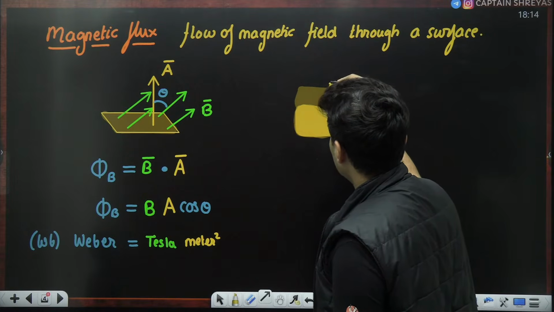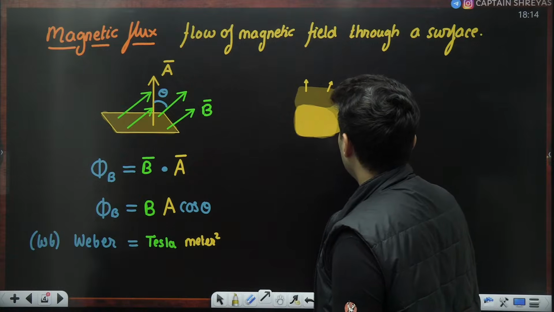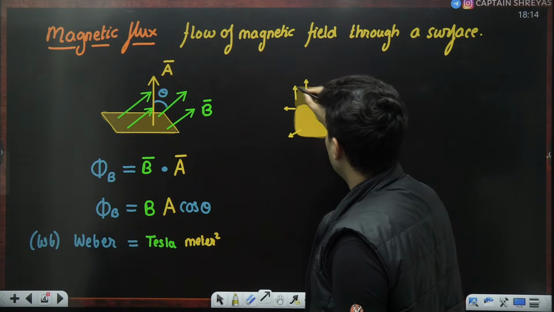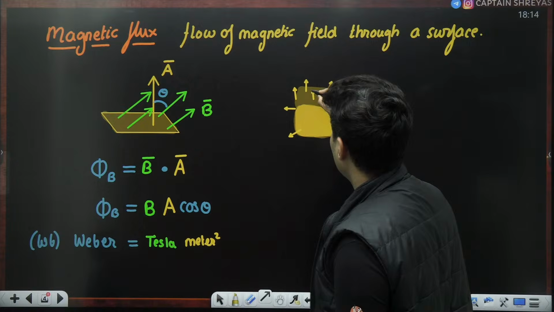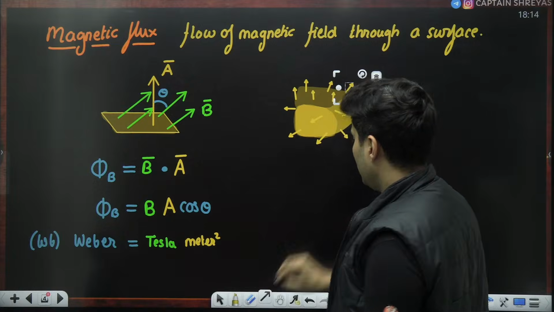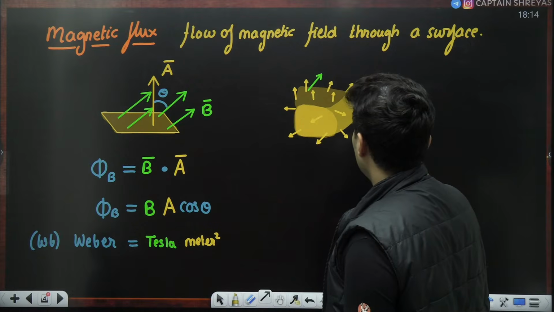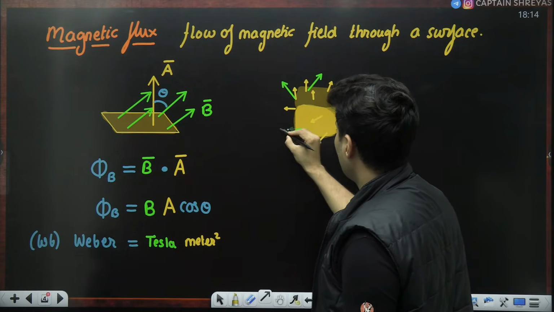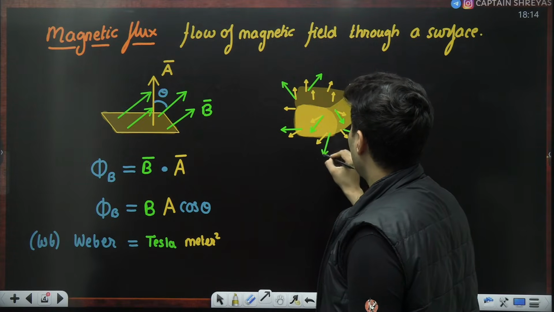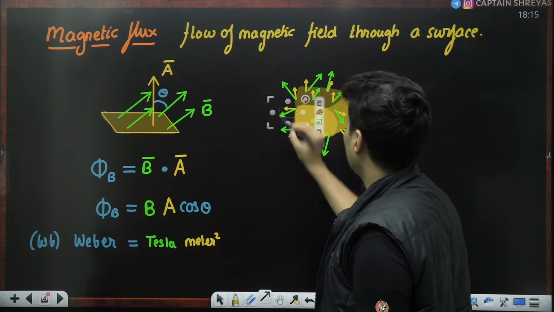Let's say you take a small area vector here, then here, then here, then here, like that. You keep taking different area vectors at different places. At each of these places, there will be some magnetic field cutting through it, and different amounts of magnetic field and different amounts of flux will be there at different places.